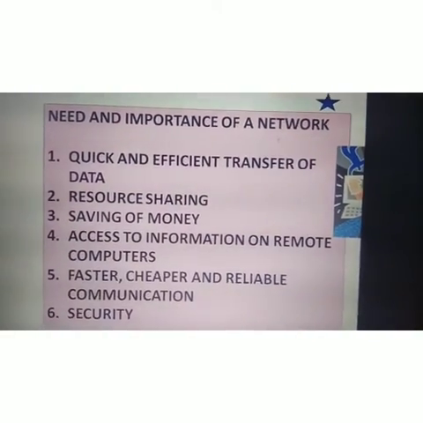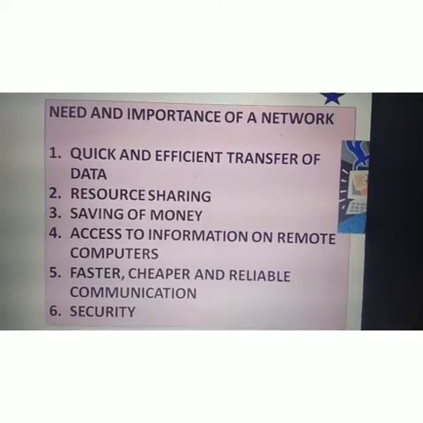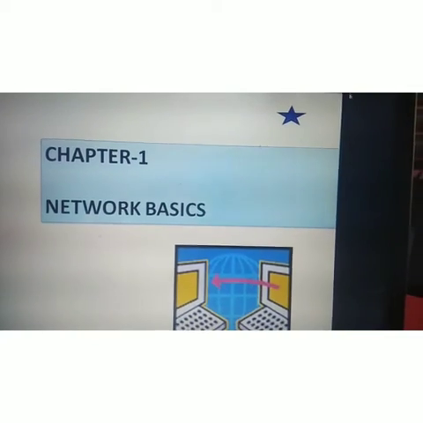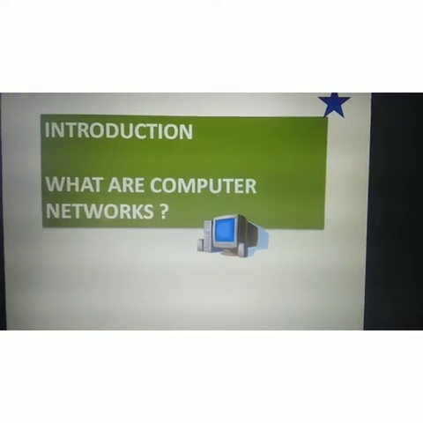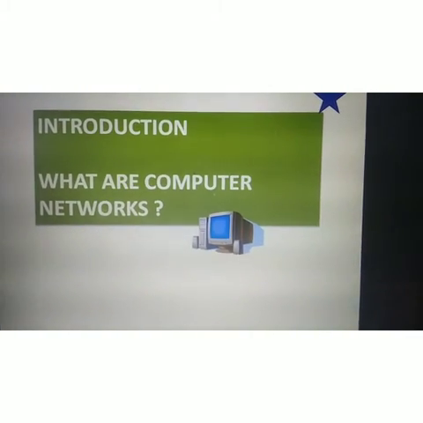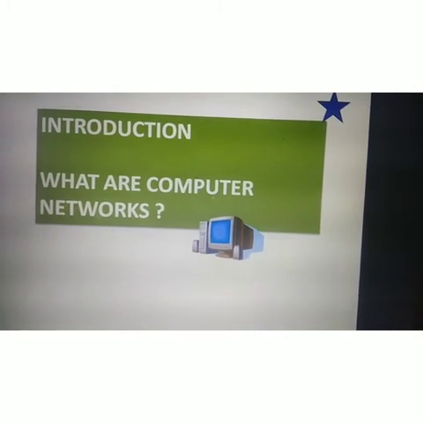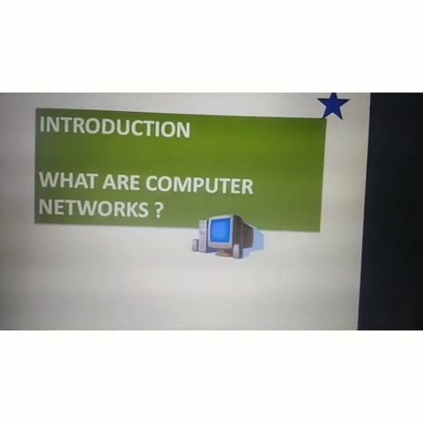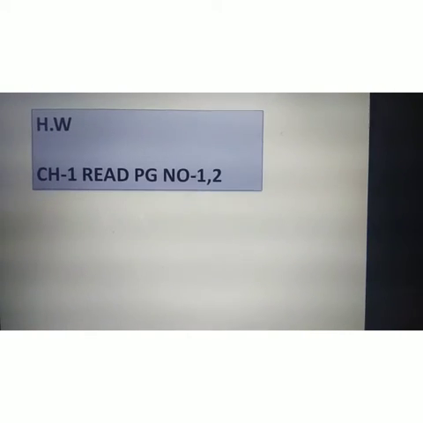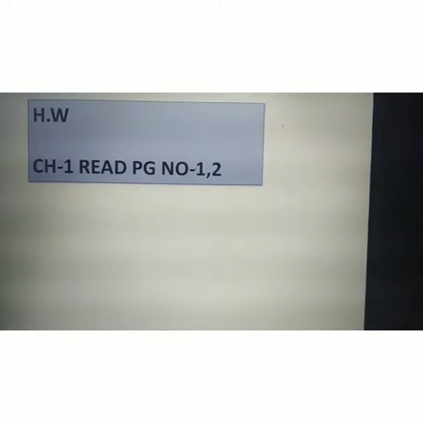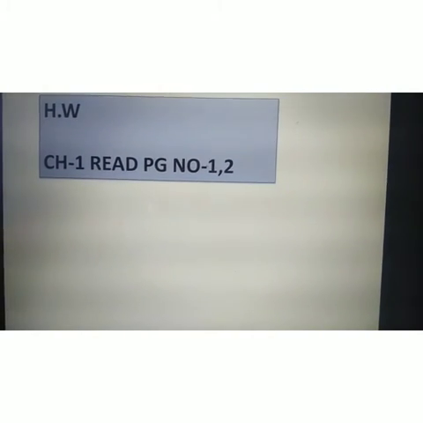Students, class 8, today your homework is to read properly what computer networks are, the introduction part and the need and importance of network basics. Today's homework is chapter number one, read page number 1 and 2 properly in your book.